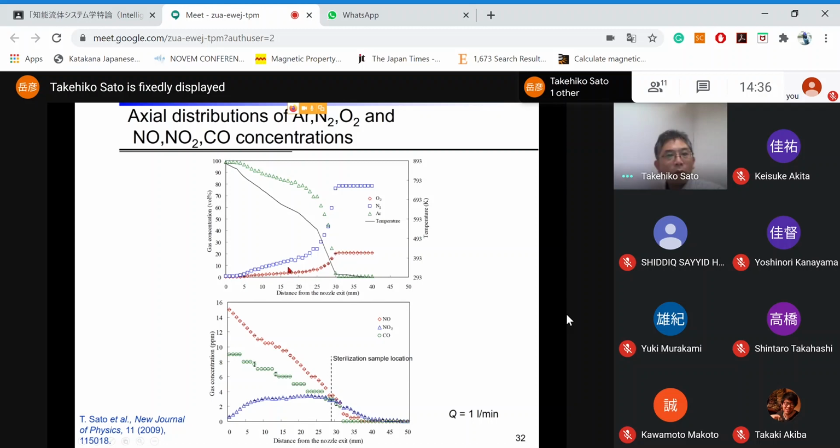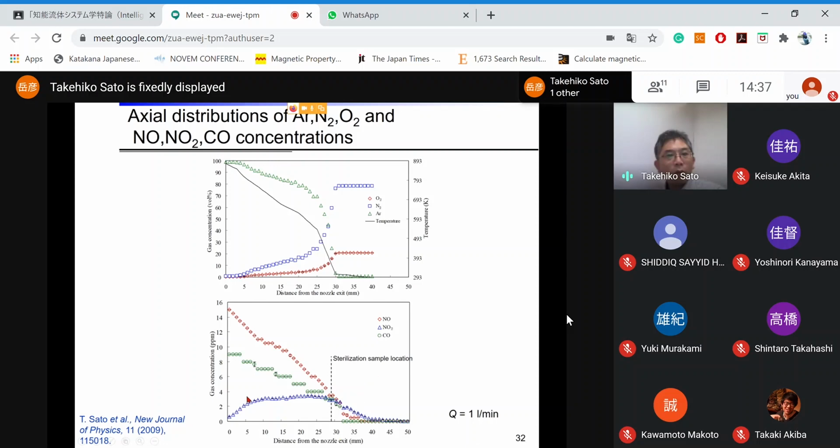So at the nozzle exit, the exchange between the argon and the air occurs.